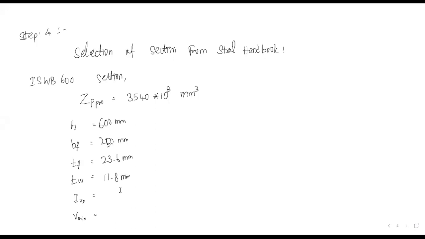IXX value is 1,15,626.6 into 10 to the power 4 mm^4. And r minimum value is 5.35 mm, and also H2 value is equal to 43.6 mm. So these are all the details we can have.